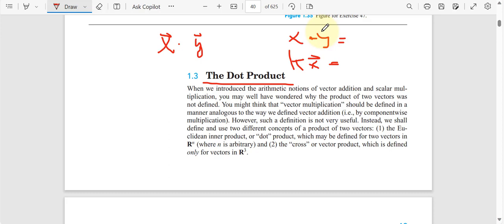But here, you don't get a new vector, so that's kind of strange. But that's the way they define this. You get a number here, not a vector. You get a scalar as the outcome of this operation, and it's called the dot product. They use the dot there.